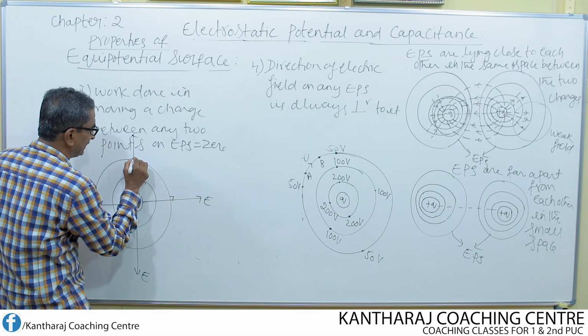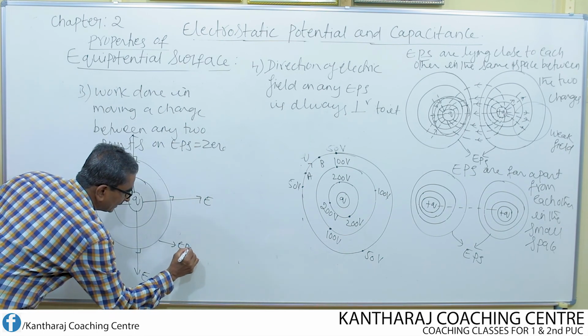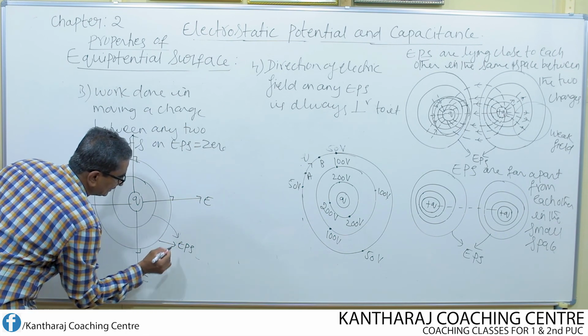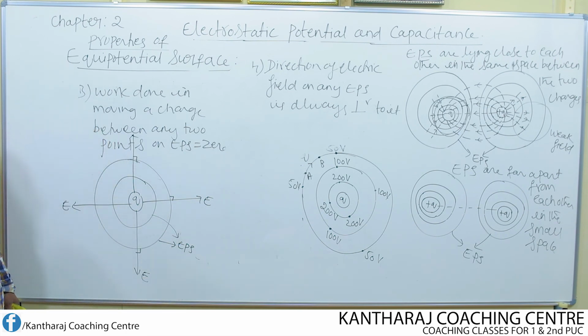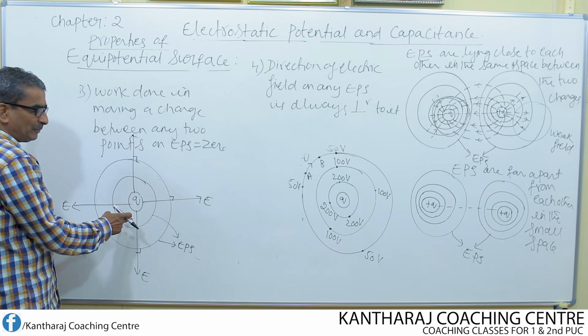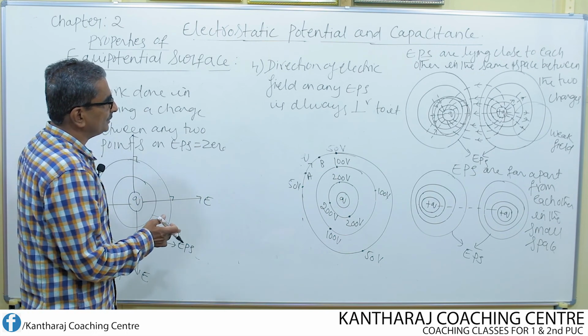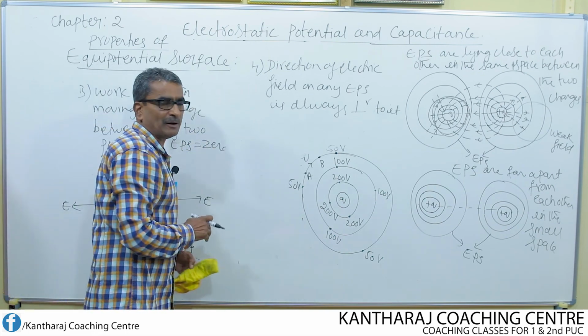Look here: 90 degrees, 90 degrees, 90 degrees, because this is an equipotential surface, and this is also an equipotential surface of different voltage. This may be a 100 volt equipotential surface, and this may be a 50 volt equipotential surface. So this is another property.